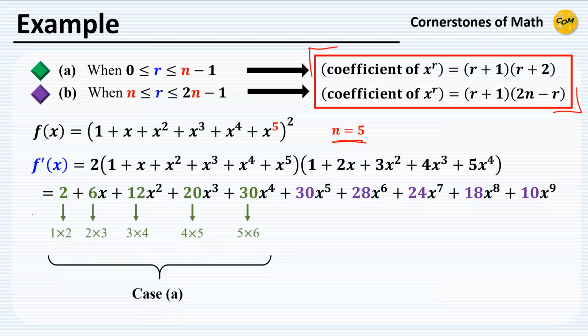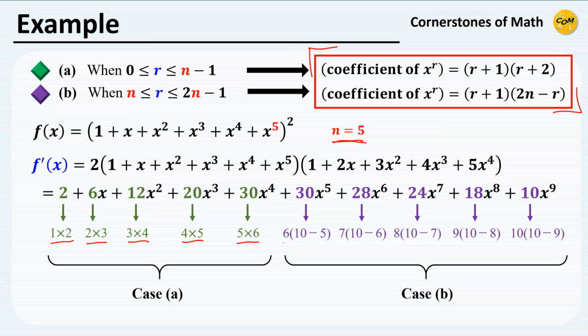Here, notice that for the first case, the coefficients from constant term to x to the 4th power are 1 times 2, 2 times 3, 3 times 4, 4 times 5, and 5 times 6, respectively. And the coefficients from x to the 5th power to x to the 9th power are 6 times 10 minus 5, 7 times 10 minus 6, 8 times 10 minus 7, 9 times 10 minus 8, and 10 times 10 minus 9, respectively.